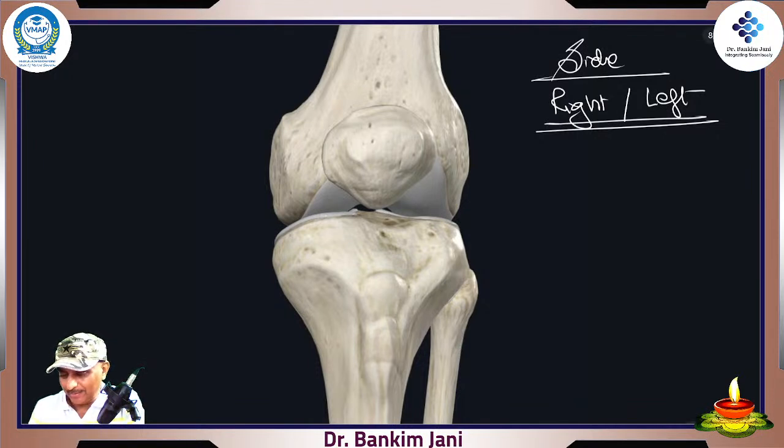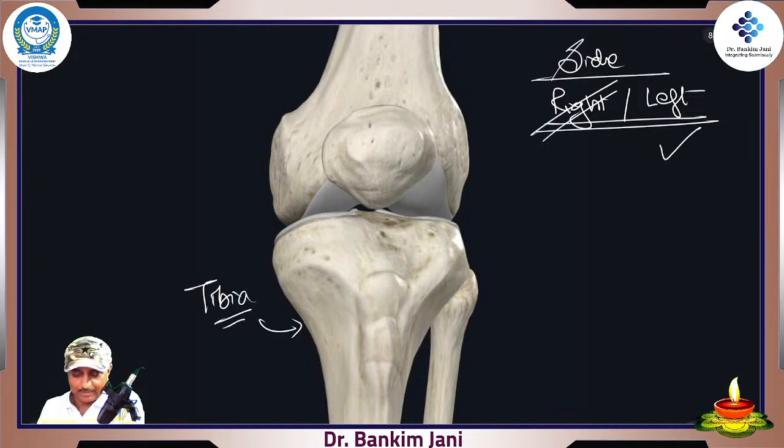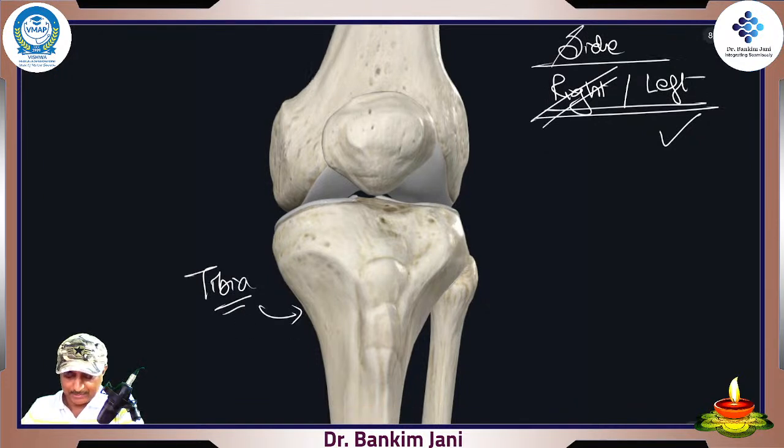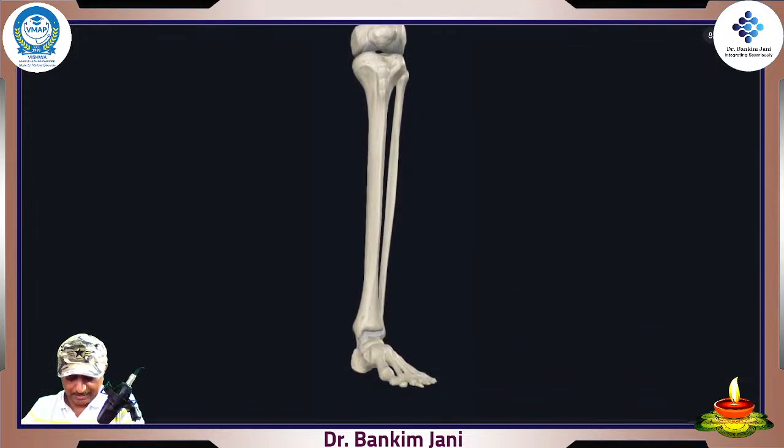Very good. Right? It is left. Because here is the tibia. Right? And we just see this image, and that's right. That's the big toe. Person is standing in front of us. So obviously this would be the left side.